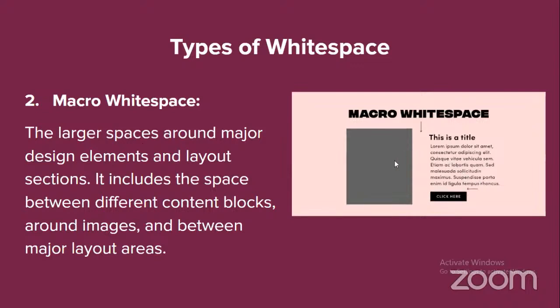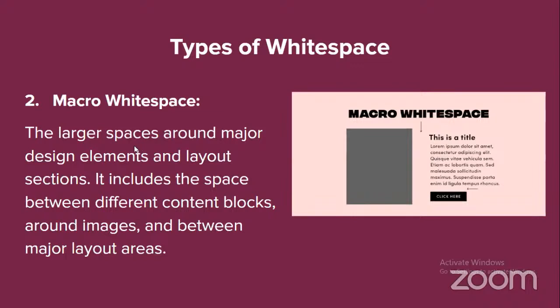For this illustration here, you see that all this space has a lot of spacing compared to this one that is smaller. You understand? So all this spacing is what's called the macro white space.